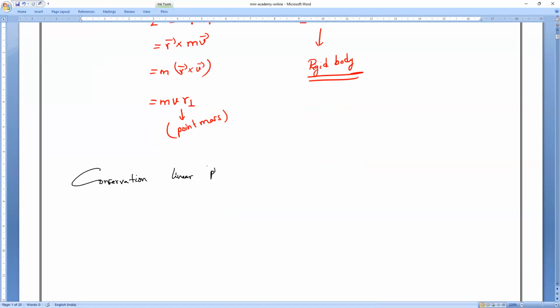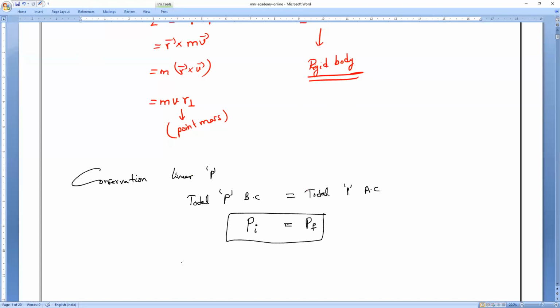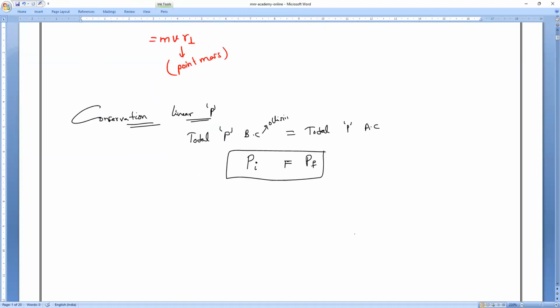You used to study total momentum before collision is equal to total momentum after collision. That is what you used to study. So initial momentum is equal to final momentum.